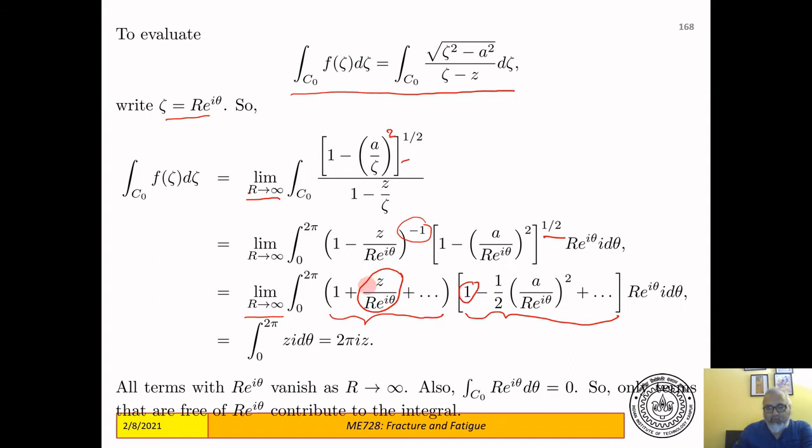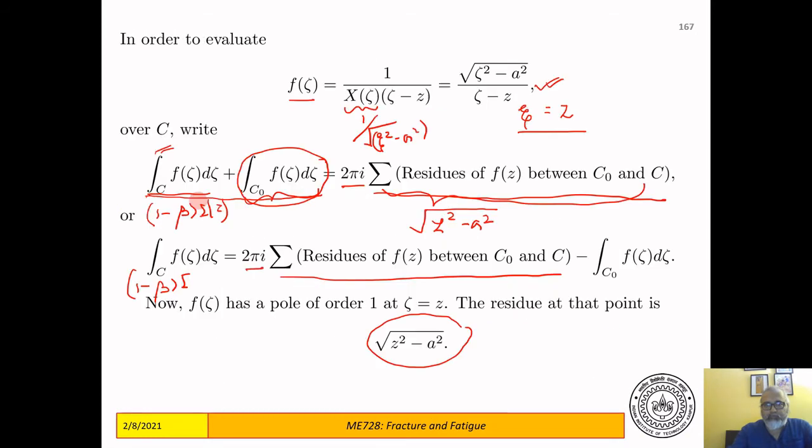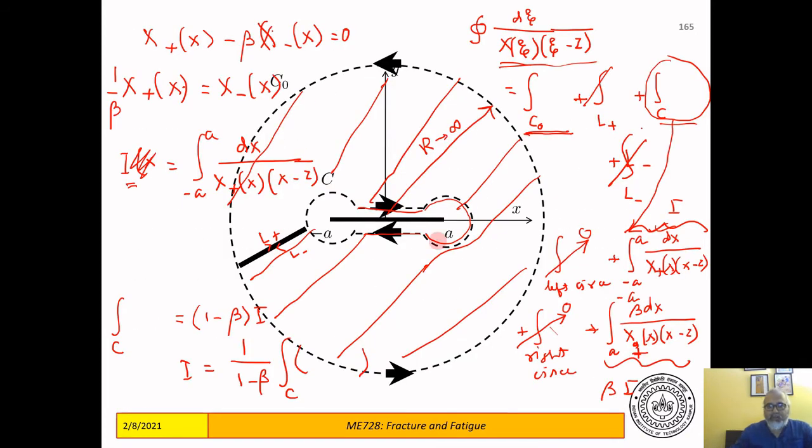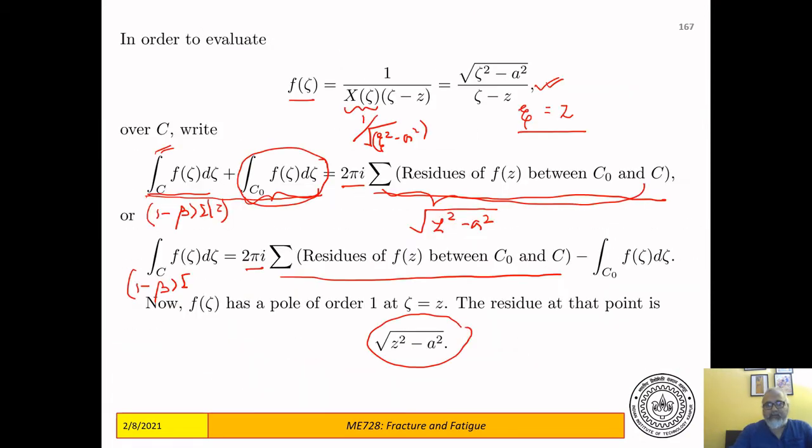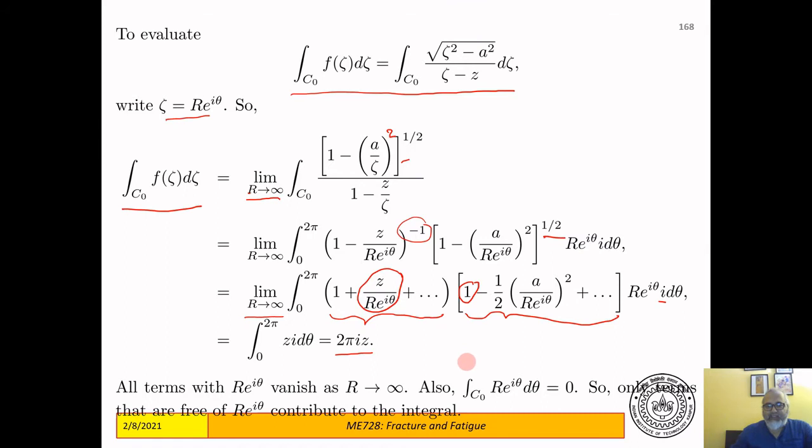So when you write, this term will be z, and this will be zi times d theta, this i comes from here, which will give you 2 pi i z. So this integral over this big contour c naught, as the radius of the contour tends to infinity, is equal to 2 pi i z.